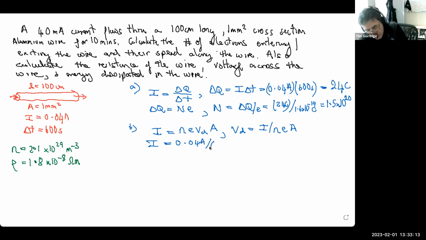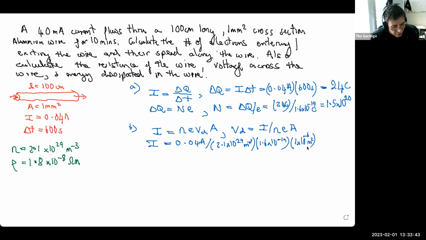The number of electrons per cubic meter is 2.1 times 10 to the 29. The electronic charge, 1.6 times 10 to the minus 19. And the area is 1 times 10 to the minus 6 meters squared.